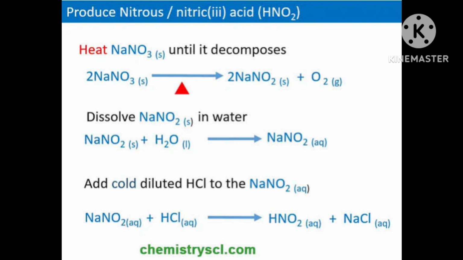You can also calculate: C plus (minus 4) equals 0, so C is plus 4, and it is oxidized. In general, concentrated nitric acid also oxidizes non-metals and their compounds.